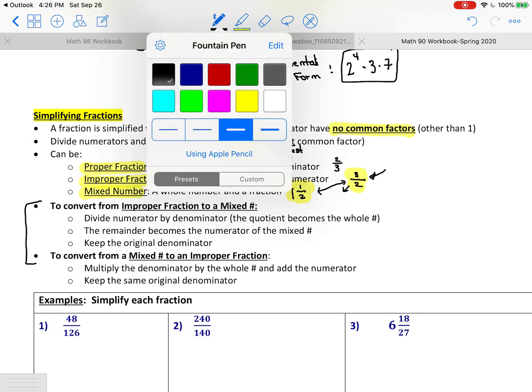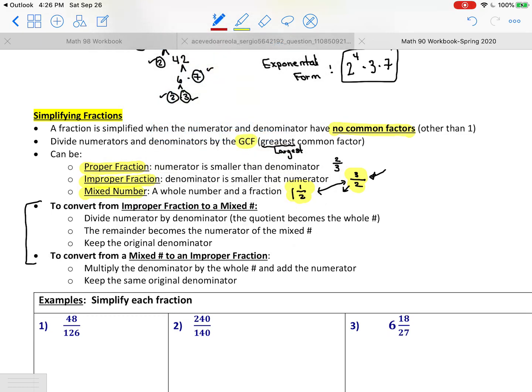So the quotient of 1 becomes our whole number. That's where we got this 1 right there. The remainder becomes the numerator. Well, we had 1 left over, so that's where this 1 comes from. And then we keep the original denominator. You notice the original denominator here is 2, so we just keep that same denominator.